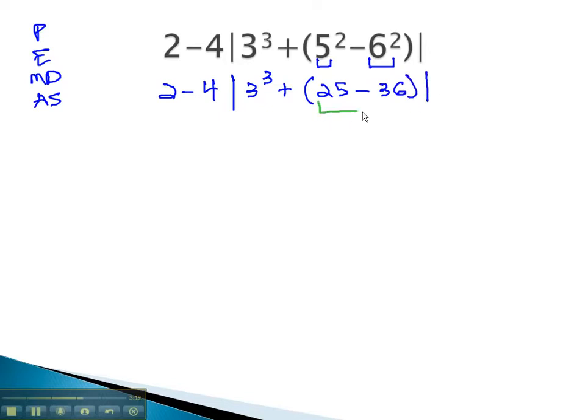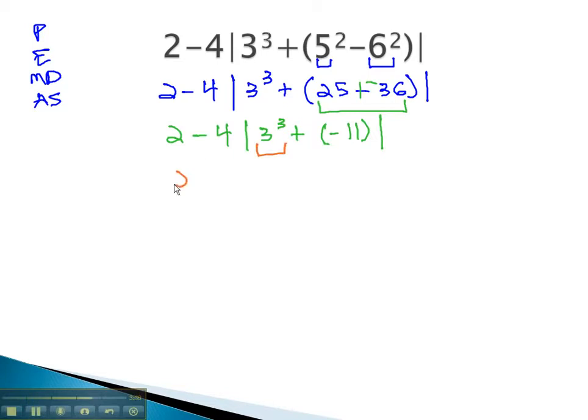Continuing inside that parentheses, we'll do the subtraction. We now have 2 minus 4, absolute value of 3 cubed, plus 25 minus 36. If we add the opposite, we see it's going to be negative, and 36 minus 25 is 11. We're still working inside that absolute value.